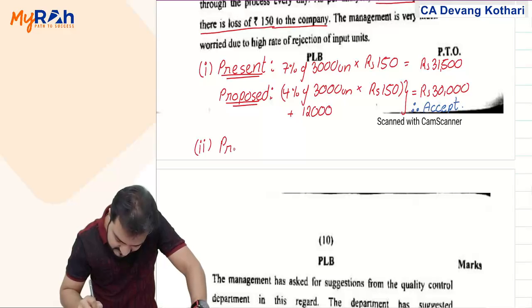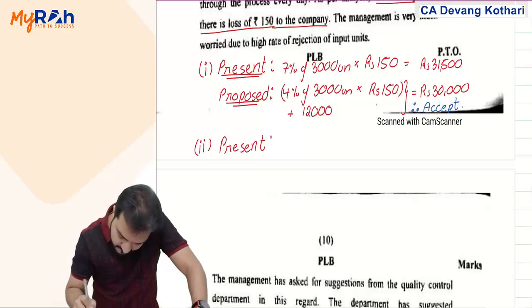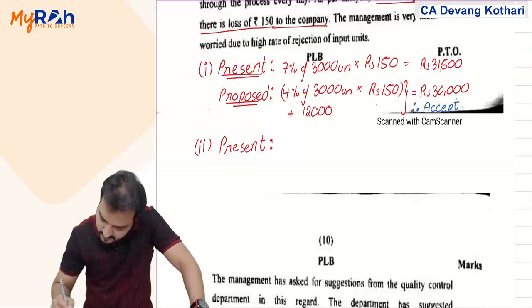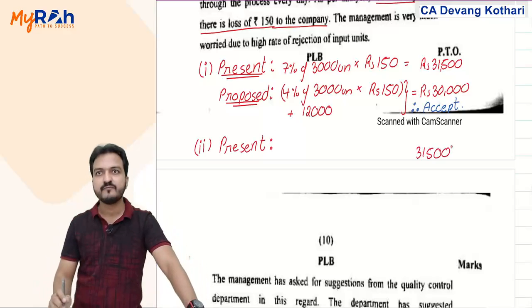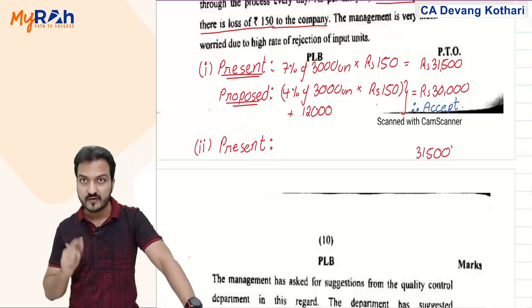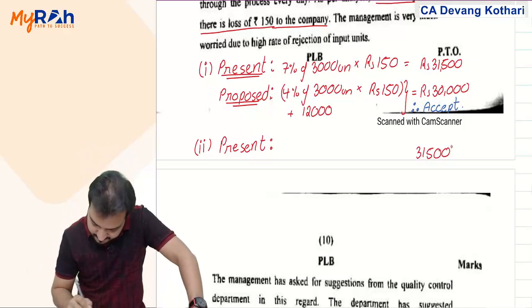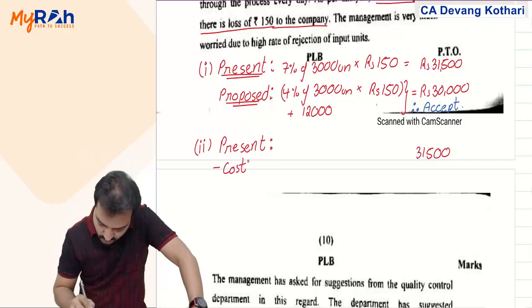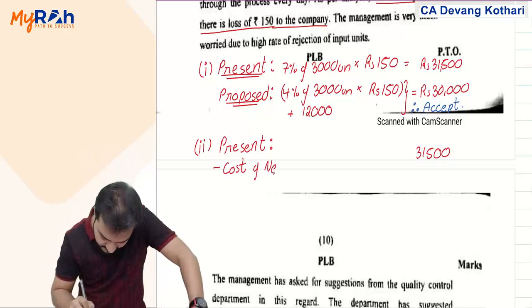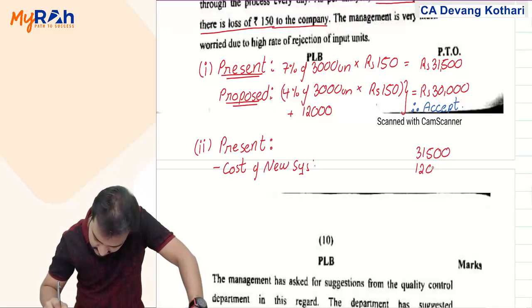So simple, this is what I evaluate. Say my present cost is 31,500. If the new system is implemented, then my new system cost itself will be 12,000.